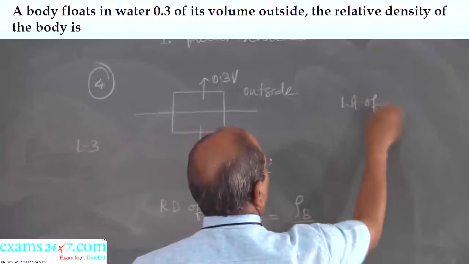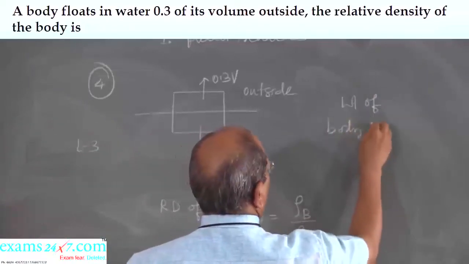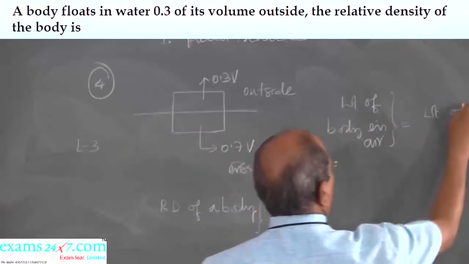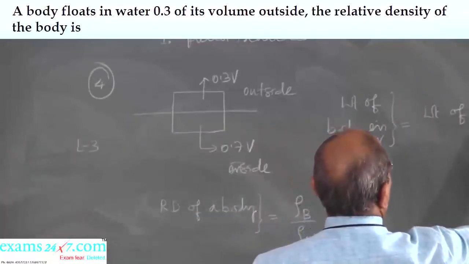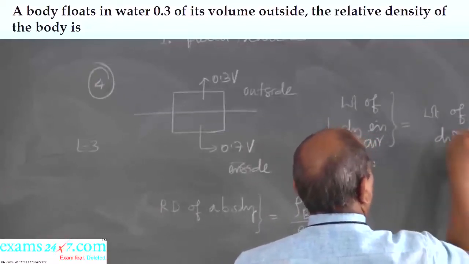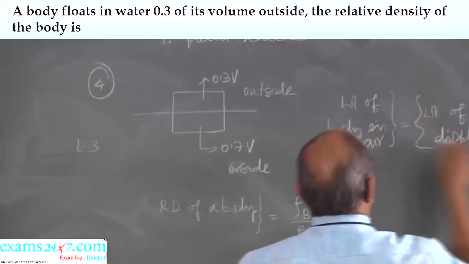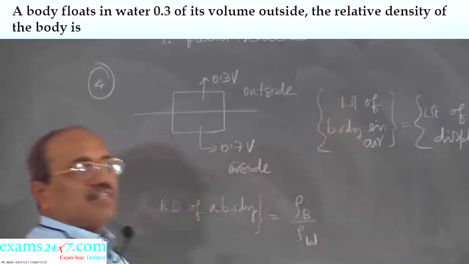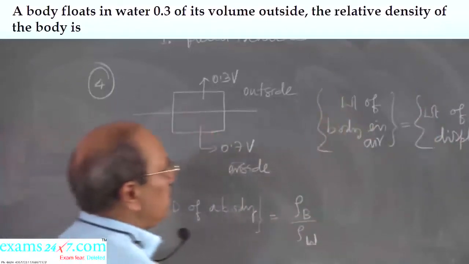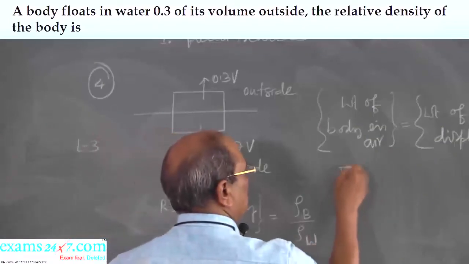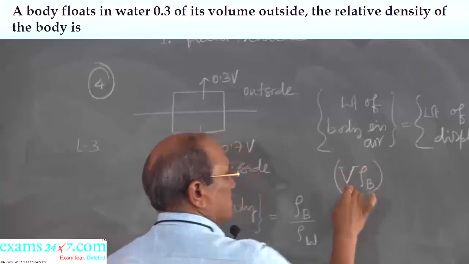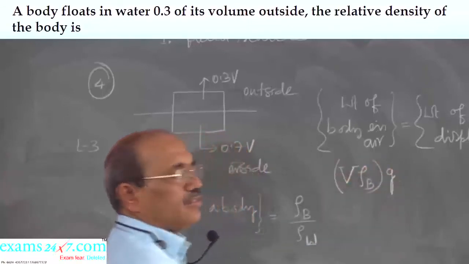Weight of body in air equals weight of liquid displaced. So it seems to be unrelated to the question, but it is helping us find the relative density. Weight of body in air: volume of body entire, density of body gives you the mass, into G, is the weight of the body.